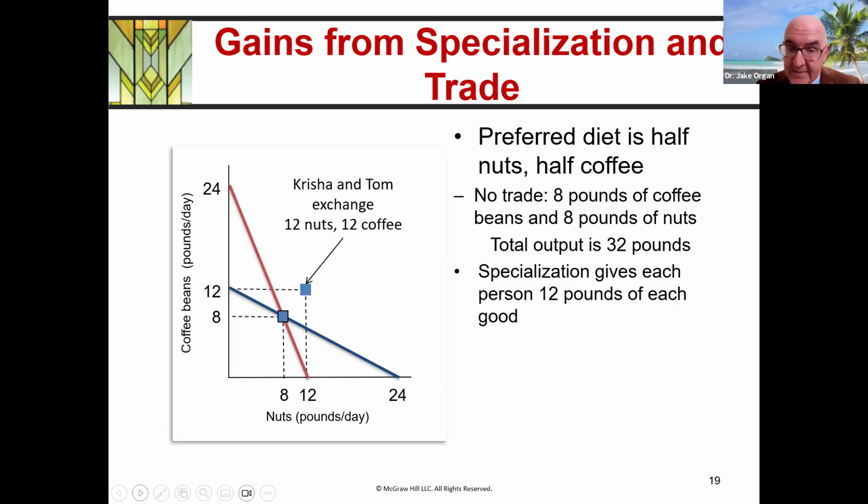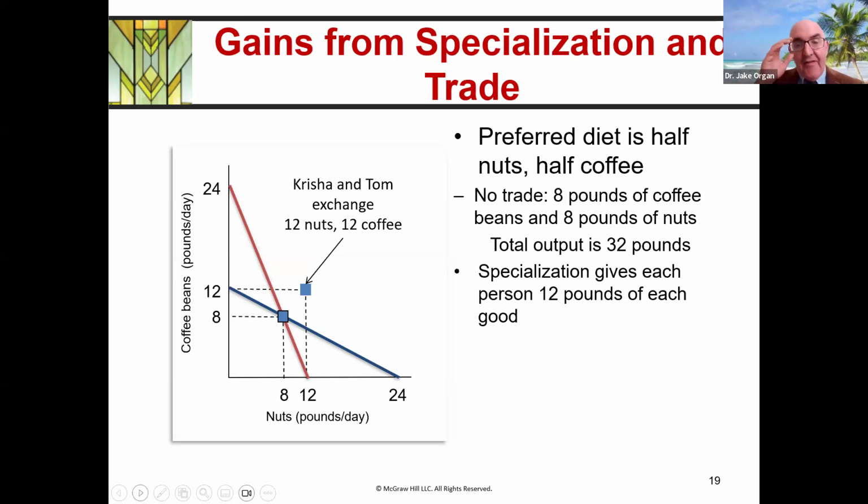Now, but if there is specialization, it will give each person 12 pounds of each good. So if you think about it, Krisha and Tom in the first case each have 8 pounds of coffee and 8 pounds of nuts. So altogether that's going to be 32.